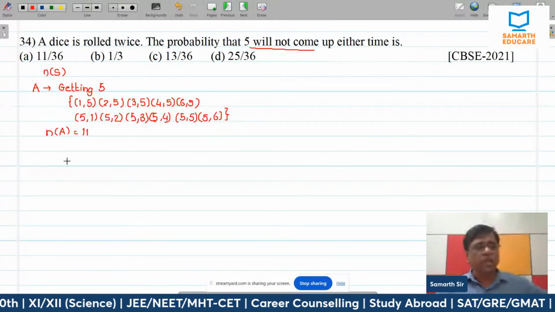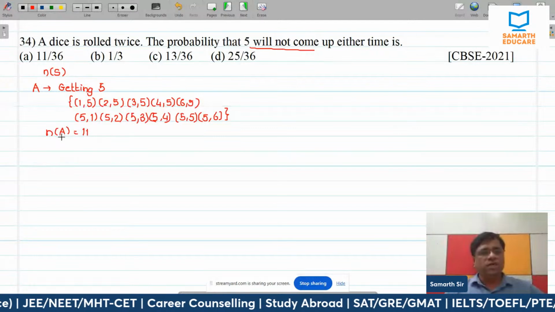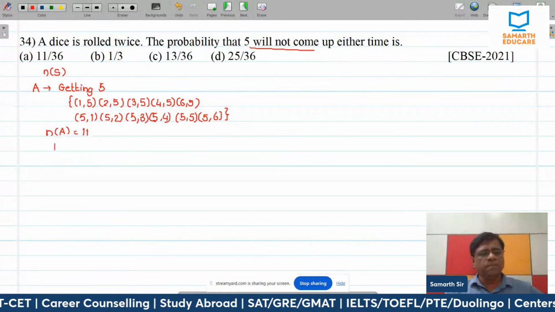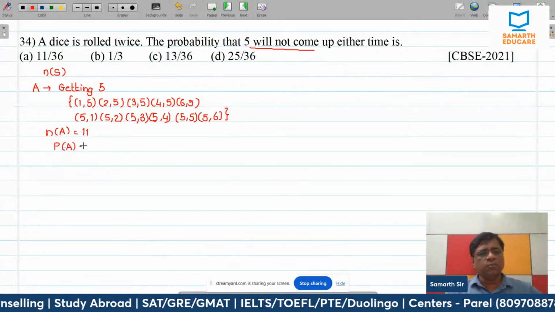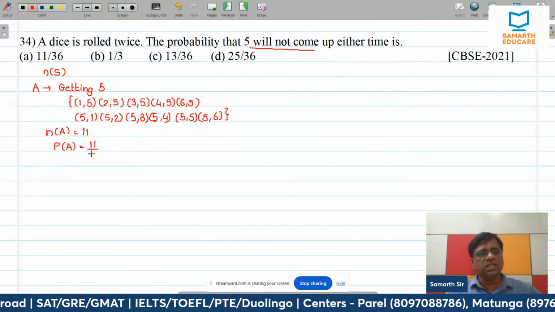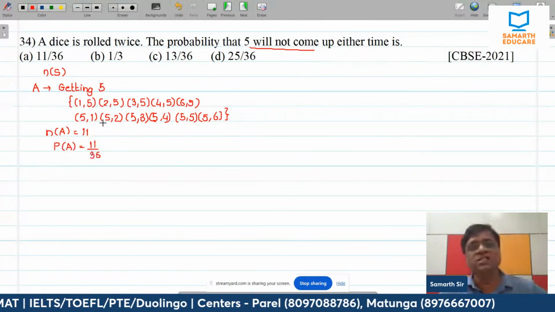Okay, now n of A is 11. Naturally, P of A becomes 11 upon 36. Now 11 upon 36 is visible here, but remember the question that is asked is 5 will not come.